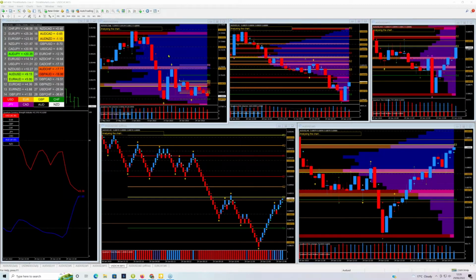Now, the way I've set it up is I have the CSI here, and I have the matrix above it. I've only got the two currencies in question, obviously the Aussie and the dollar, but you can add others or take them off as you wish, if you just want to see how the others are doing while you are analyzing this particular pair.